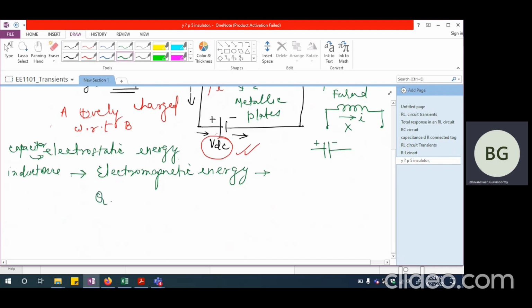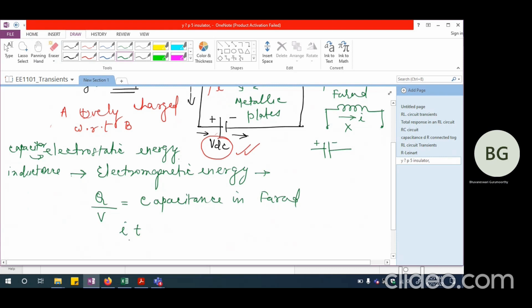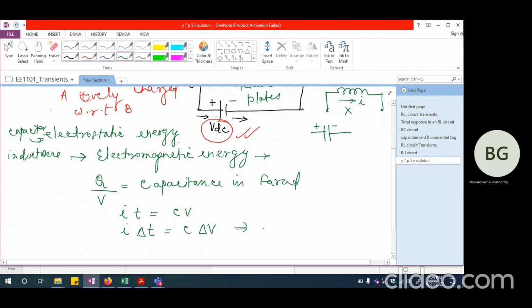Now if I say Q divided by V is equal to the capacitance value in farad, I should be able to write Q as I times T. And I can write I times T equal to C times V. So if I pass a current of I for a short duration of delta T, then there will be a slight increase in the voltage of the capacitor, which is delta V. So I should be able to write this as I equal to C times dV by dt.